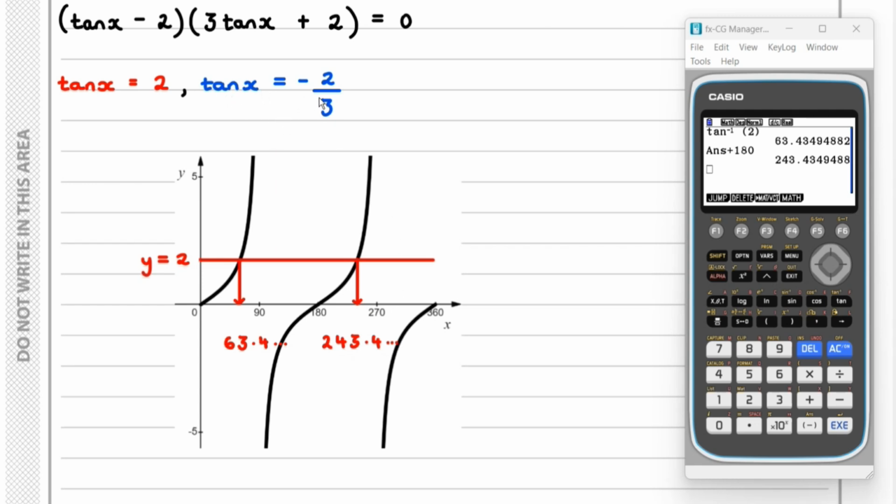Let's think about tan x equals negative 2/3. Here is the line y equals negative 2/3.